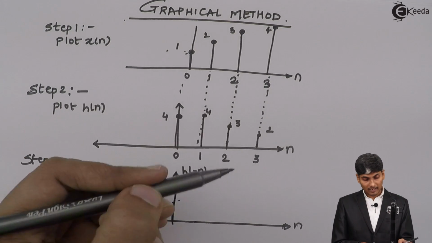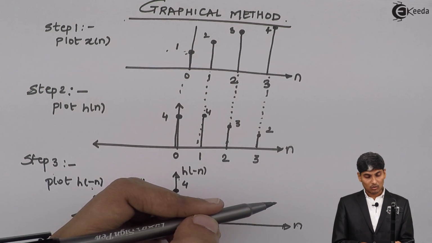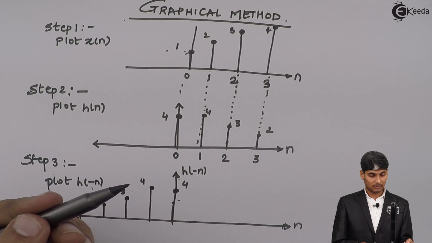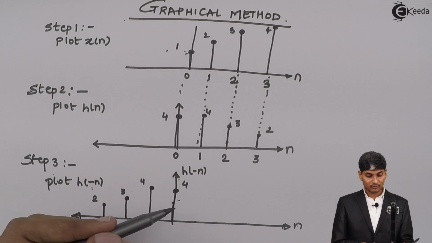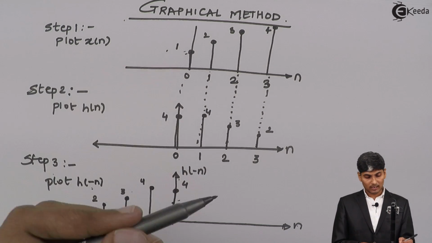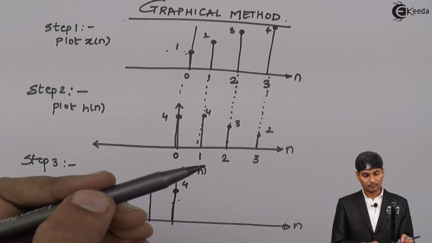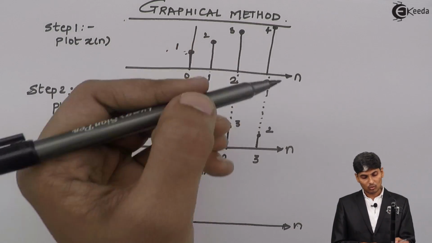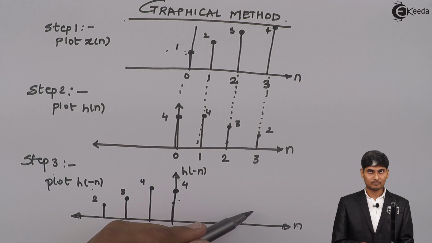So, every sample we have to overlay on each other and see how it multiplies. So, 1 overlays with 4, so multiplication gives answer as 4, 2 overlays with 0, so answer is 0, 3 overlays with 0, so answer becomes 0, 4 overlays with 0, so answer is 0.